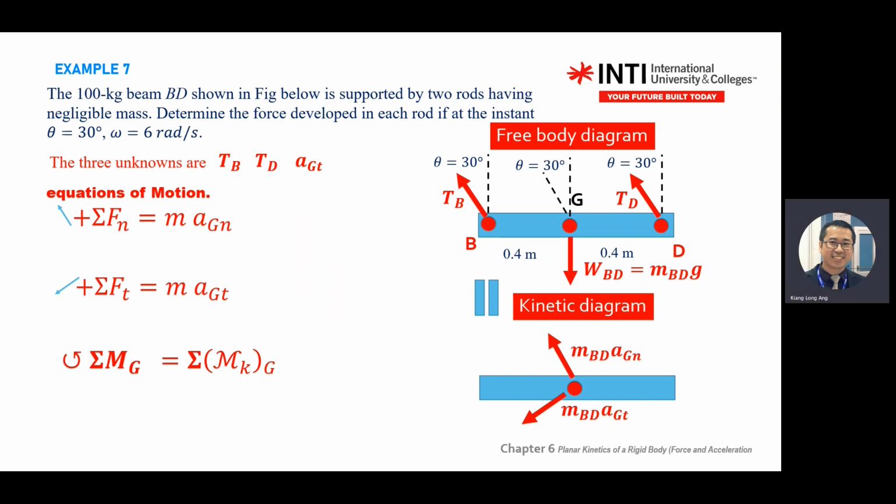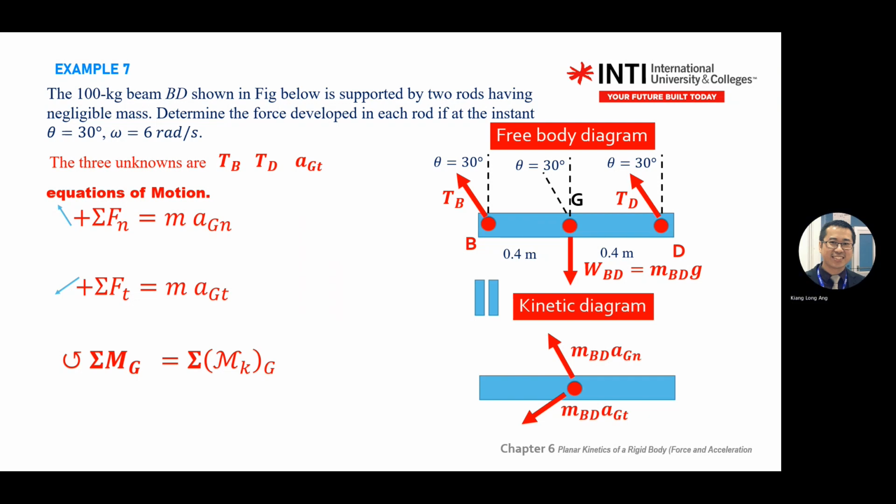You are saying force or moment? You say pointing that way. Is that moment or force? You are dealing with moment now. So positive is what? Anti-clockwise. So this one is clockwise. So negative.